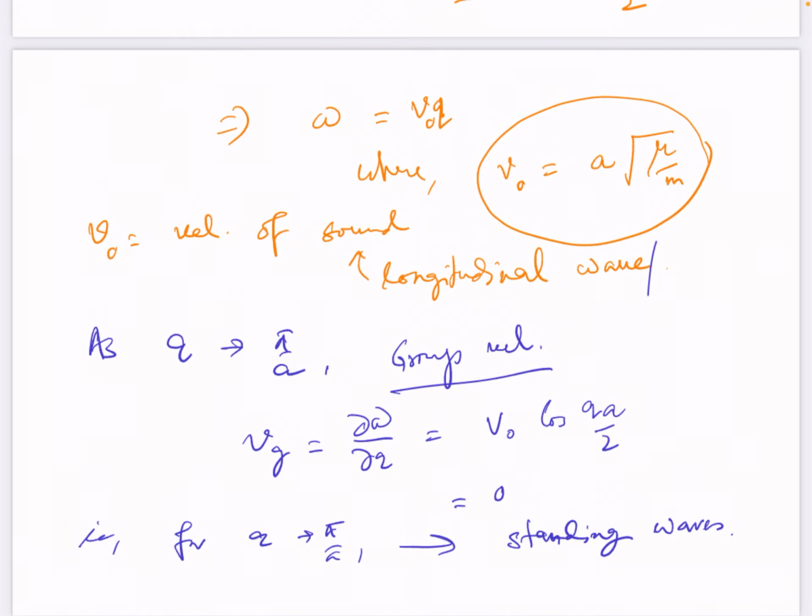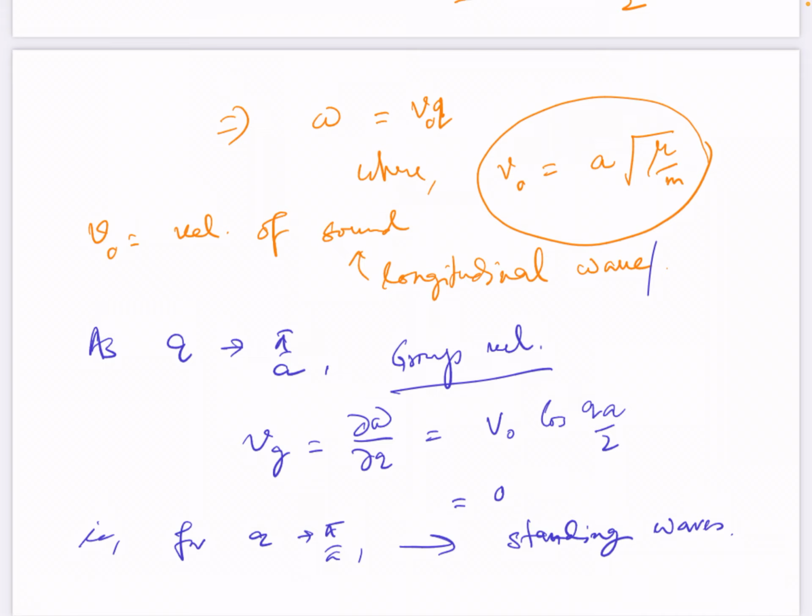So this v0 is the velocity of sound, or the longitudinal wave. Now, within the linear regime, group velocity and phase velocity are equal.